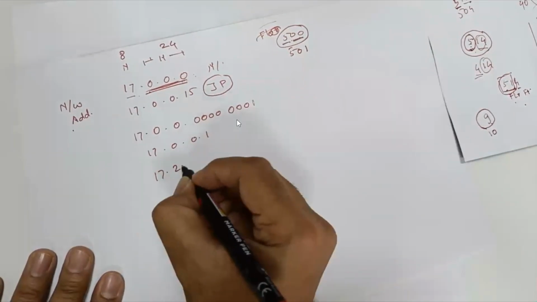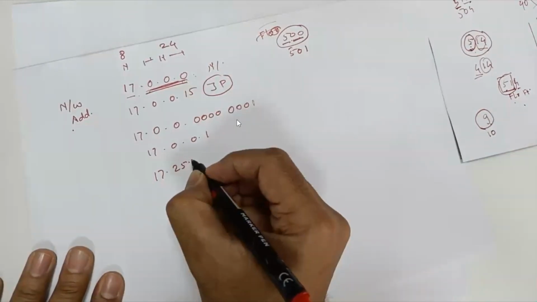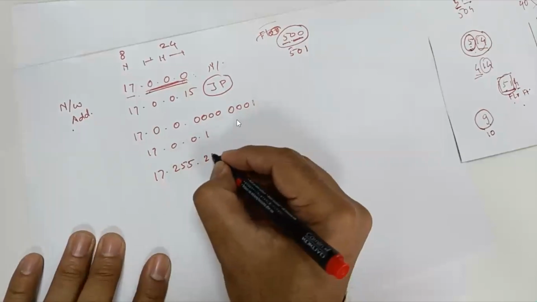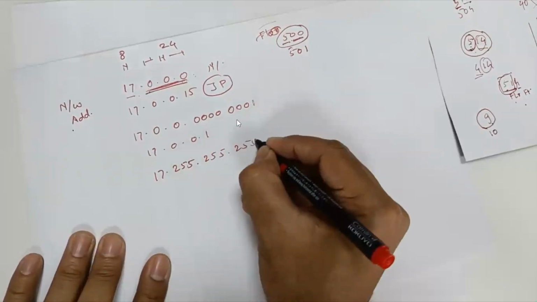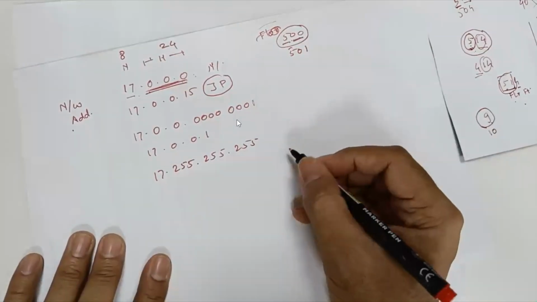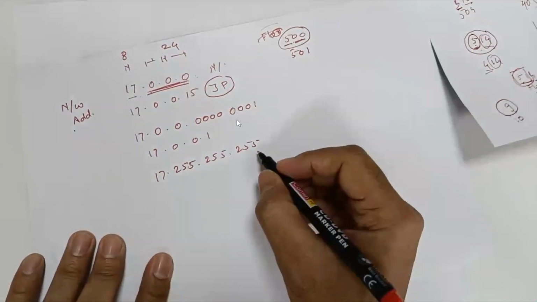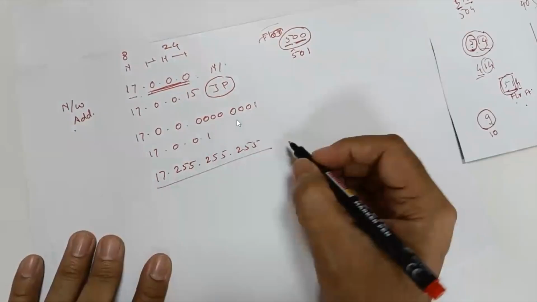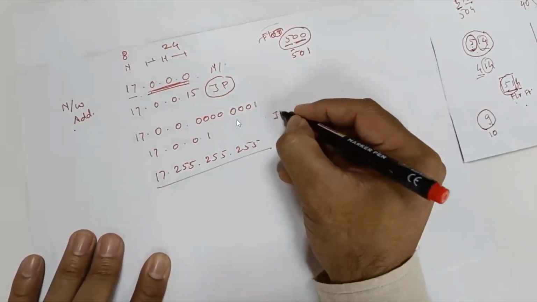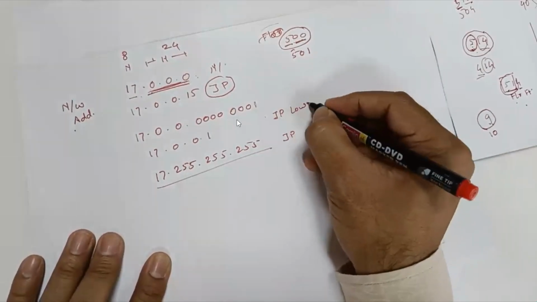17.255.255.255. Is it correct? Let us have this as the maximum value of an IP address, and this is the minimum value, the lowest IP and the highest IP.